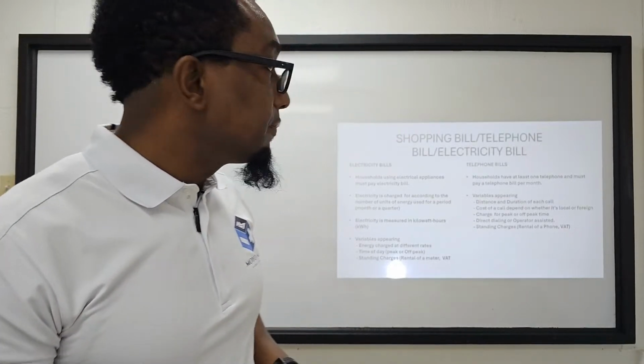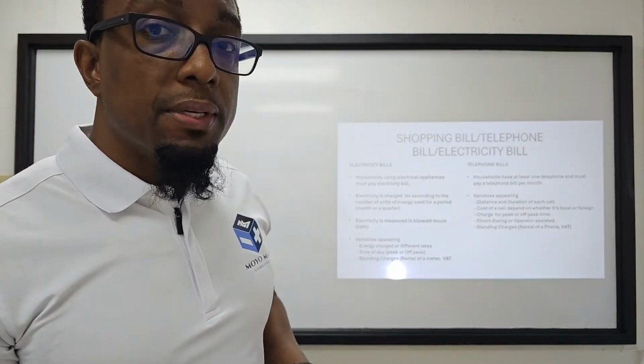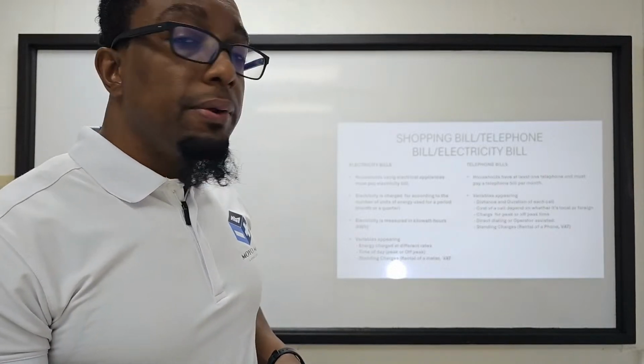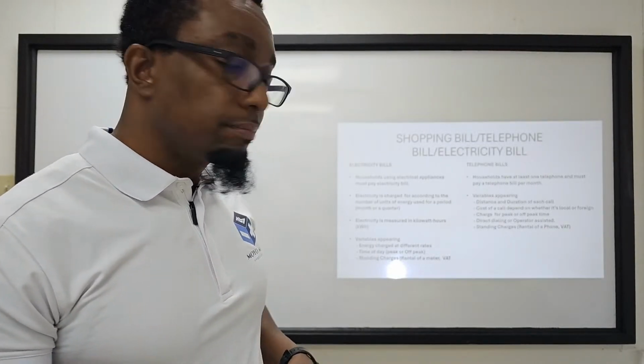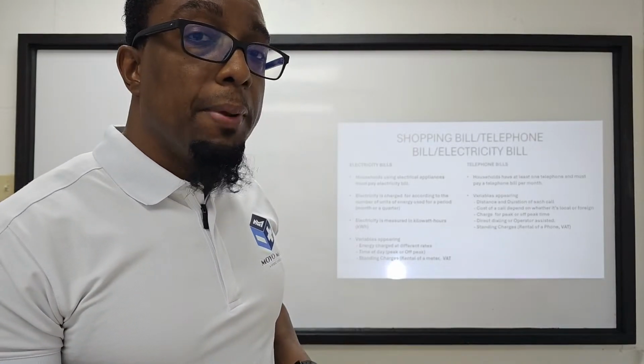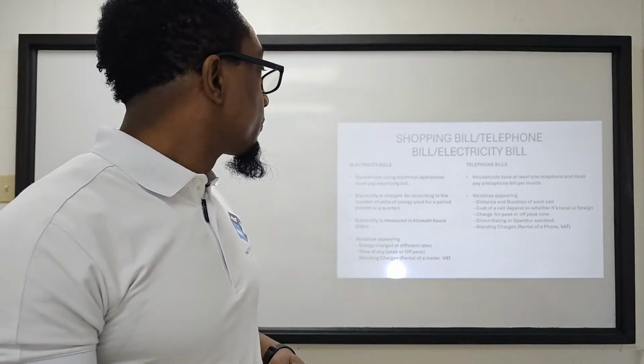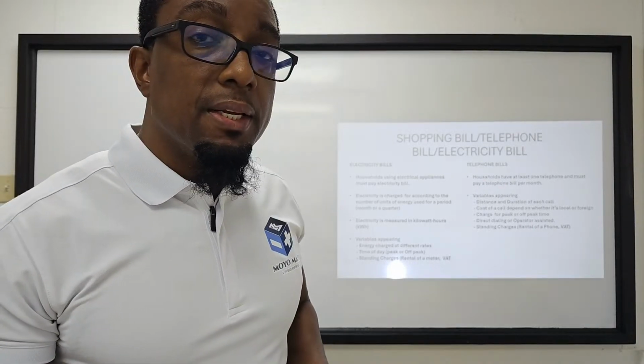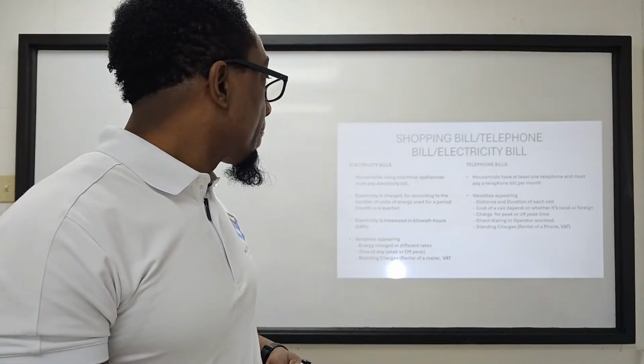Electricity is charged according to the number of units of energy used and the period it is used, whether quarterly or however the electricity company charges, and you have to pay accordingly. Electricity is measured in kilowatt hours.